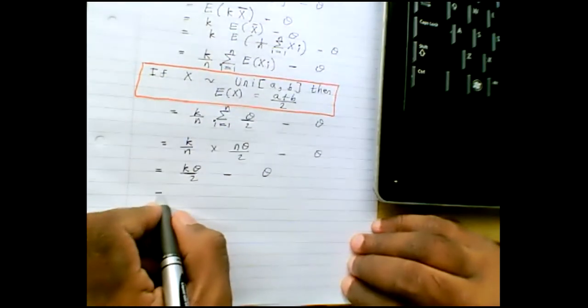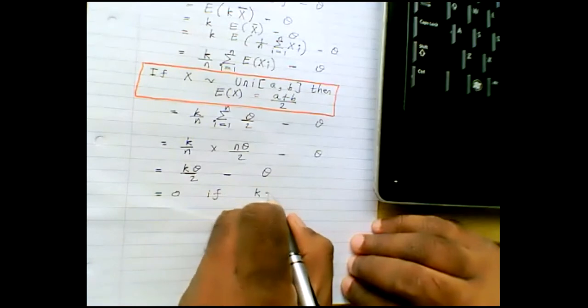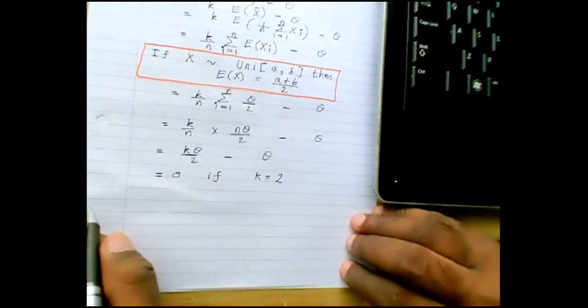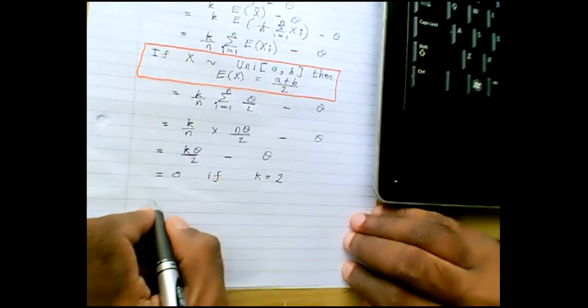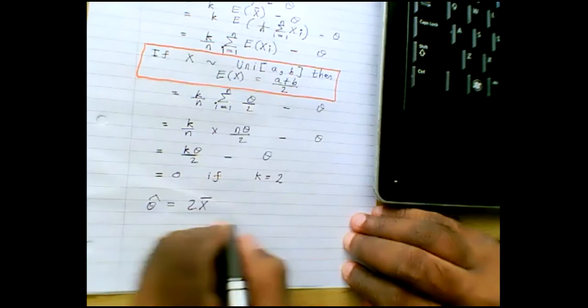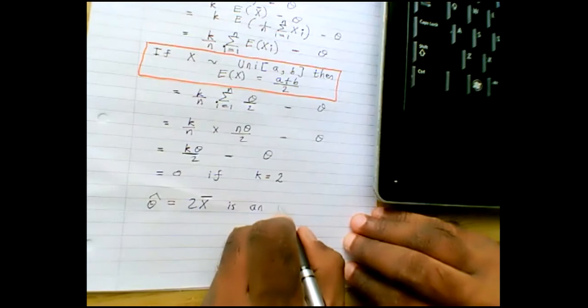And this is equal to 0 if and only if k is equal to 2. All right. So the conclusion is that theta hat equal to 2 times x bar is an unbiased estimator.